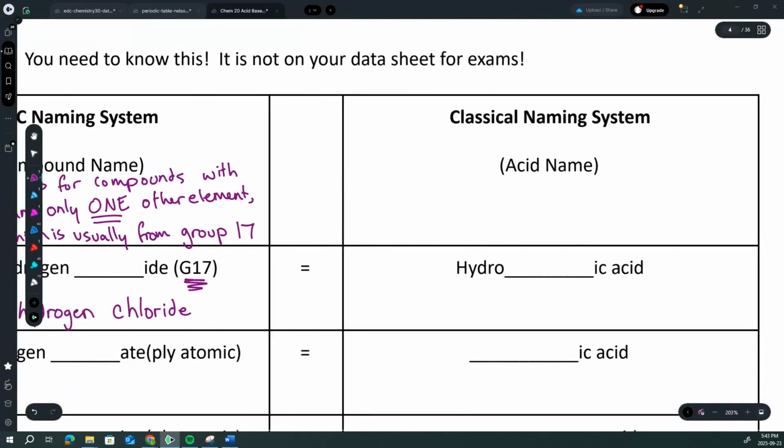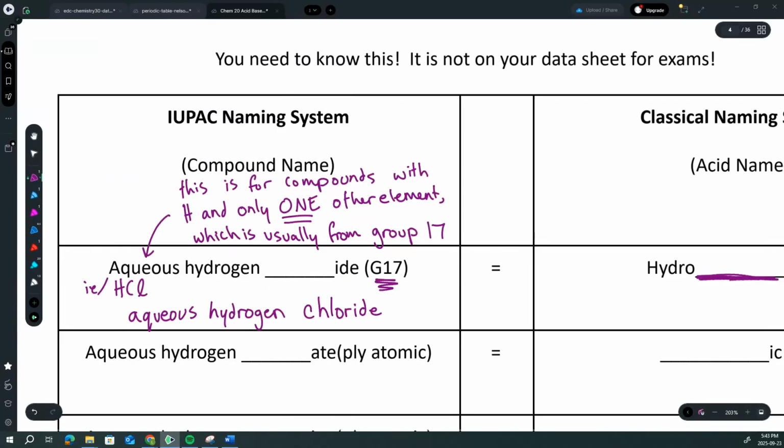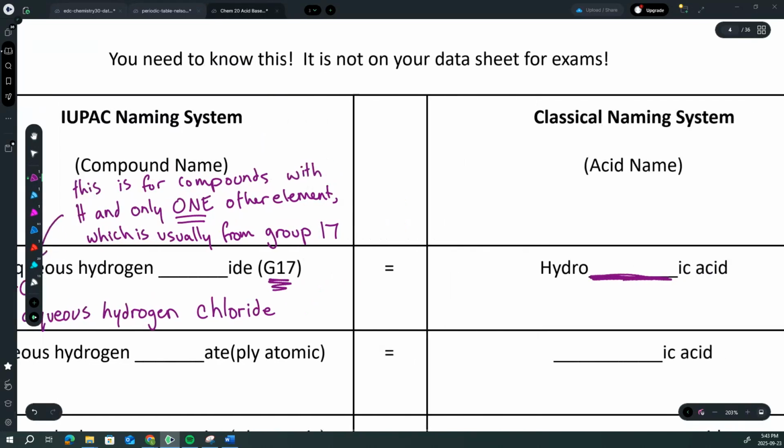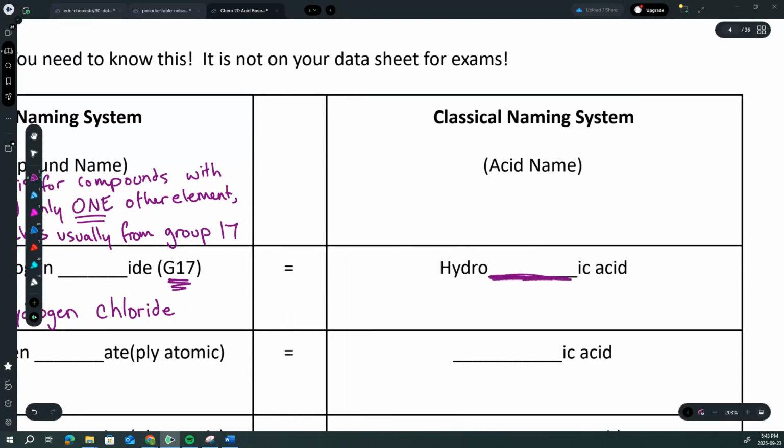However, with the classical naming system, what that turns into is hydro, and then this is just the root word that comes from the element. So in our example, because our other element with hydrogen was chlorine, or chloride I should say, this would turn into hydrochloric acid.